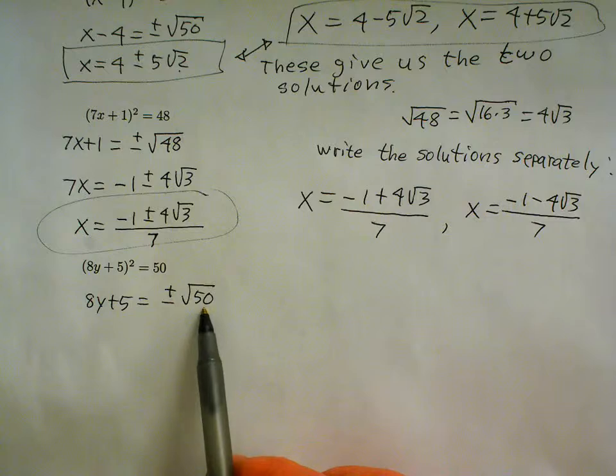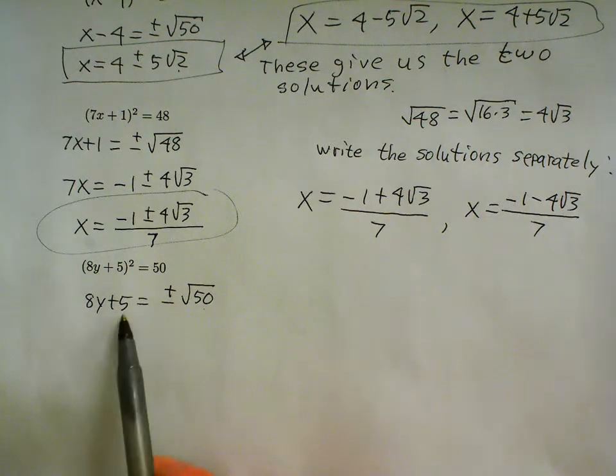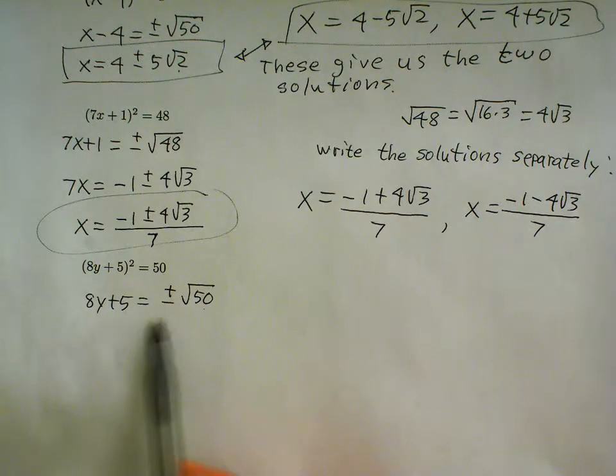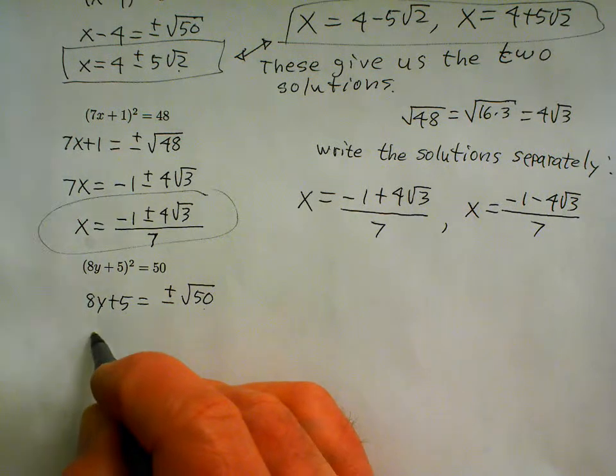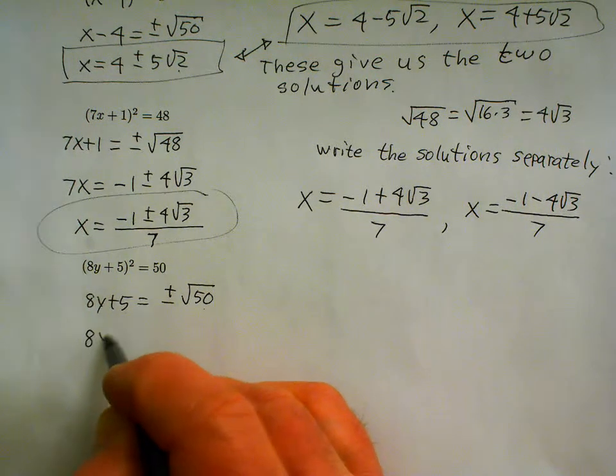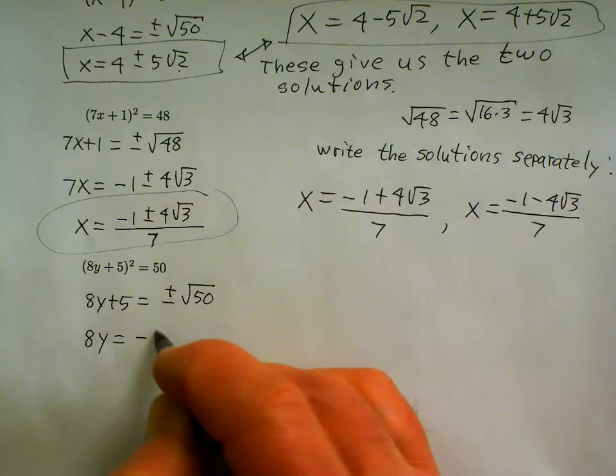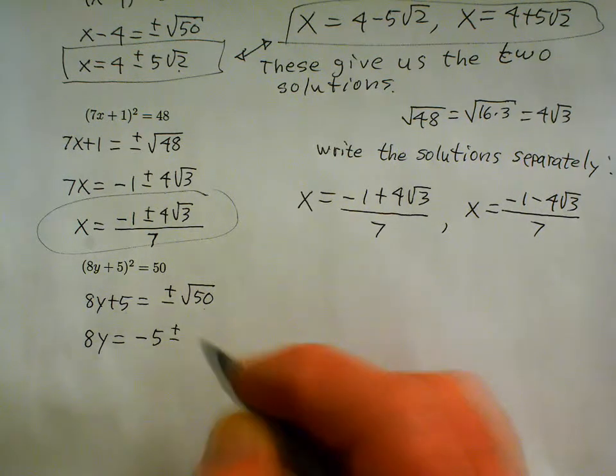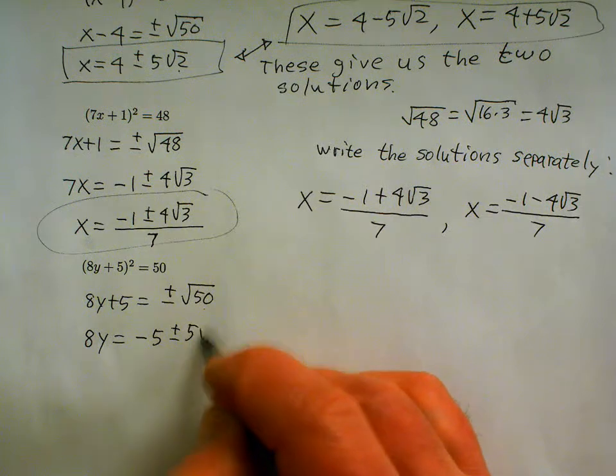We'll simplify the square root of 50, and we'll also subtract 5. So in the next step, we have 8y equals -5 plus and minus 5 times the square root of 2.